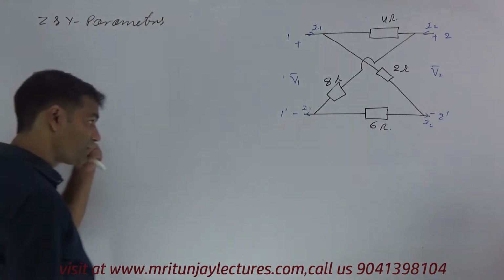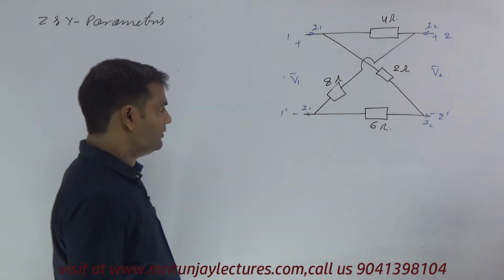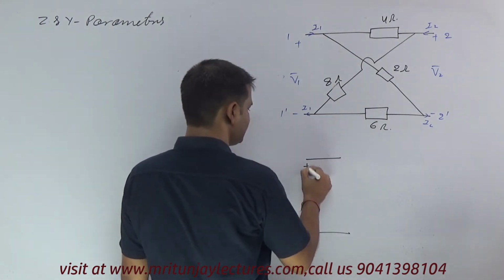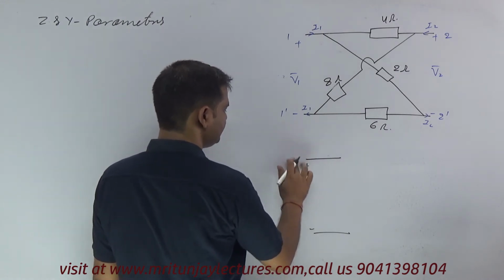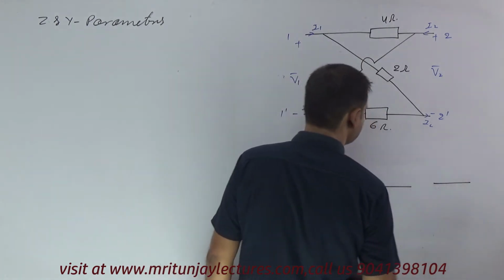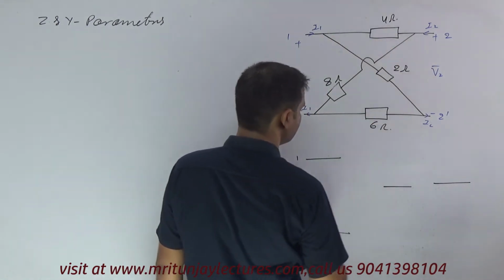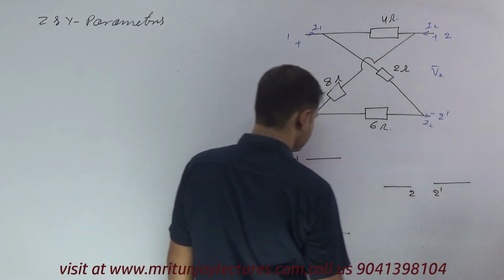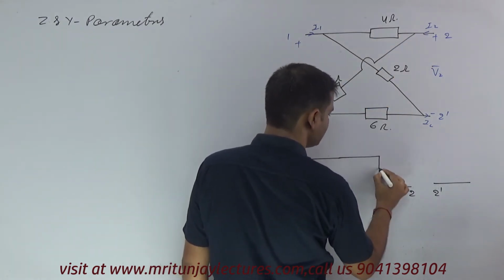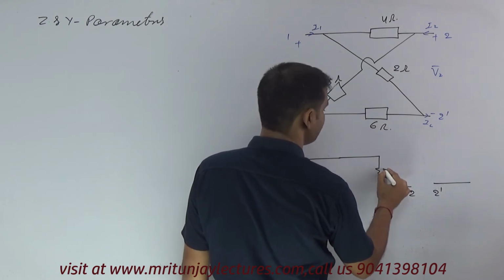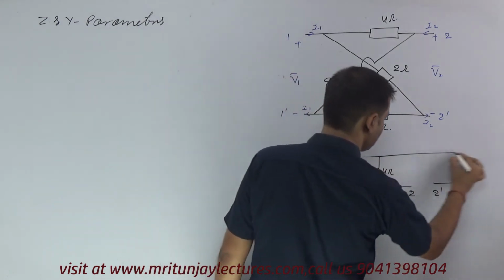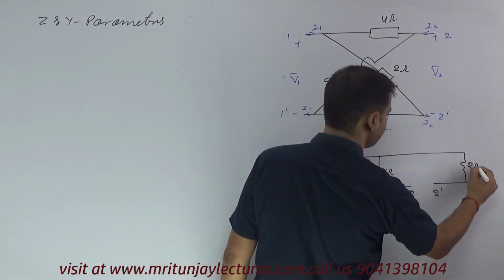Okay, so first of all, how can we resolve it? Same thing, plus minus 1 1 dash, and here we represent it like this: 1 connected to 2 is 4 ohm, and 1 connected to 2 dash is 2 ohm.